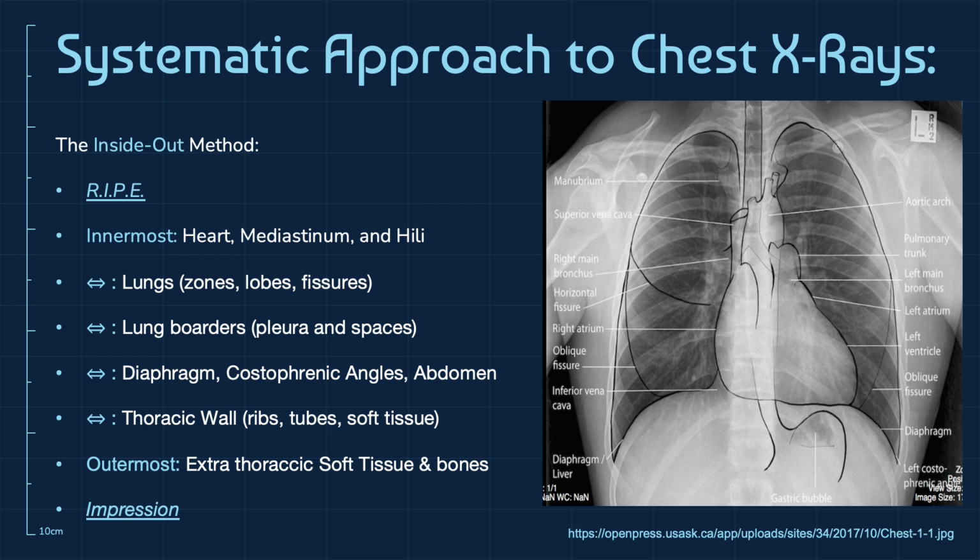And you move to the lung borders, make sure you check the pleura and the pleural spaces. Then you move down to the diaphragm, the costophrenic angle, the abdomen, and then you move to the thoracic wall, where you start looking at the ribs, any lines and tubes, and then you move towards the outermost area, which is the extrathoracic soft tissue. Now that's inside out, and outside in is just the other way around.